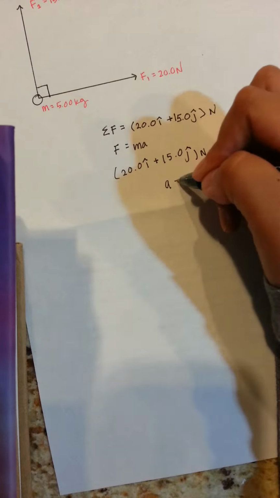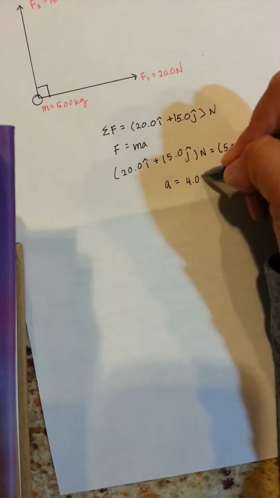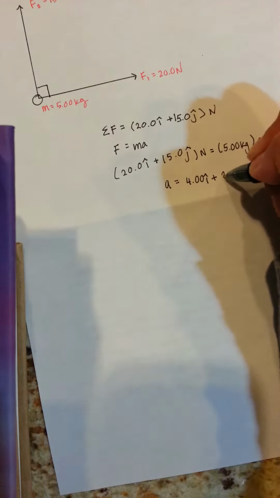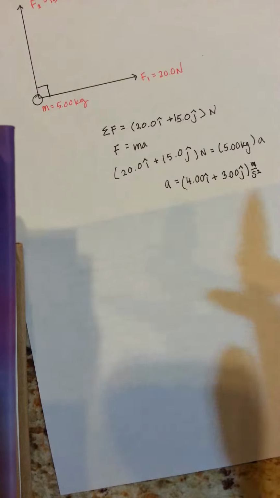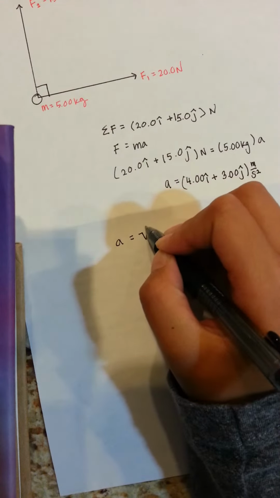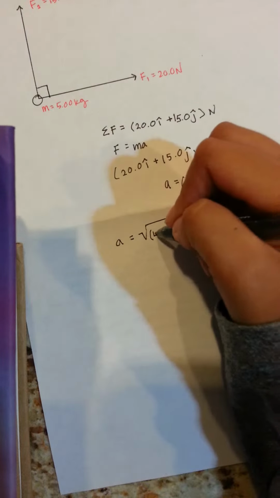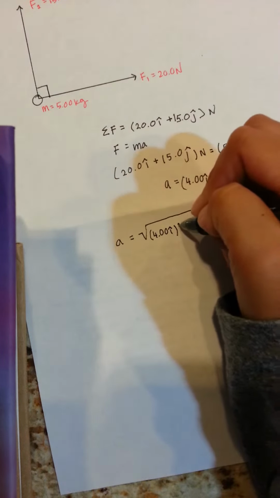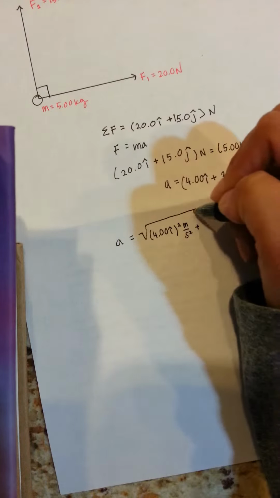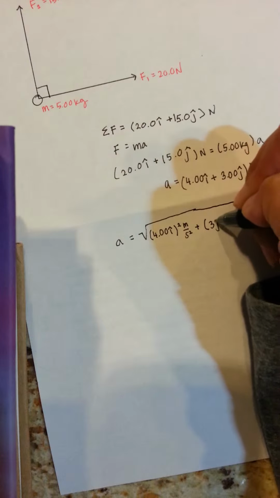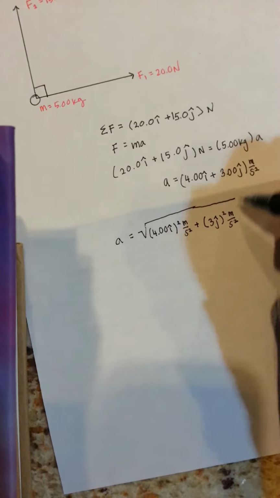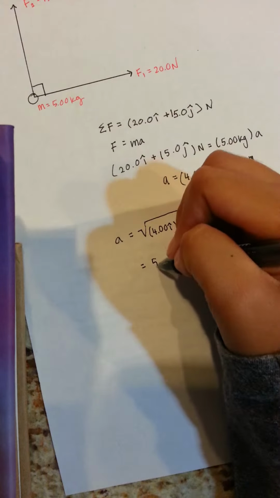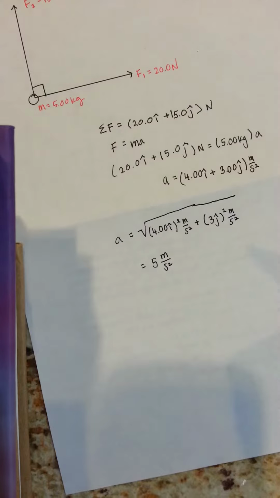So once you solve that, acceleration would be, but you can't leave it in this format, so what you have to do is try to find the magnitude of acceleration, which is done through taking the square root of, so then from that, you would get meters per second squared, and that would be your acceleration.